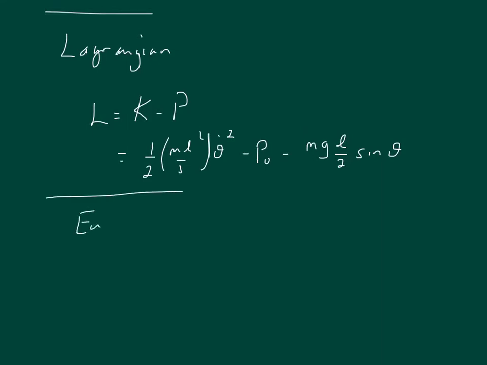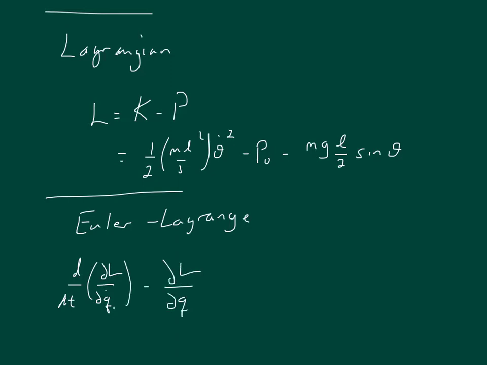The Euler Lagrange equations are d dt partial of L with respect to Q, in this case just Q1 dot, minus the partial of L with respect to Q1 equals the generalized forces.